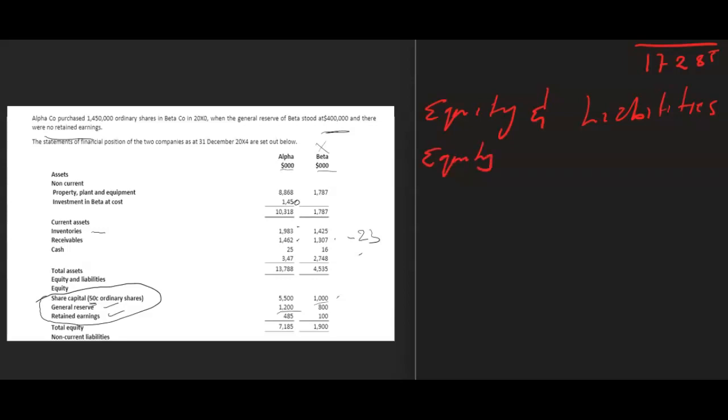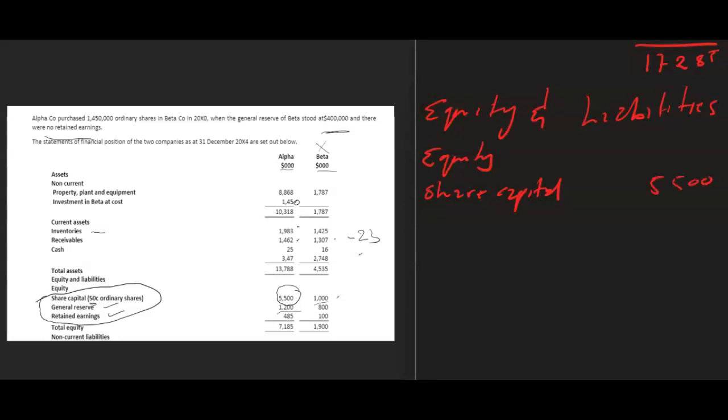So under equity we have share capital, right? Share capital, which is how much? So under share capital, again, one thing to note, we are only getting the share capital for the parent company, and not for the subsidiary. So we are only going to consider this one. We don't add this one. Please note that always on the share capital we only get for the parent, so that would be 5,500.